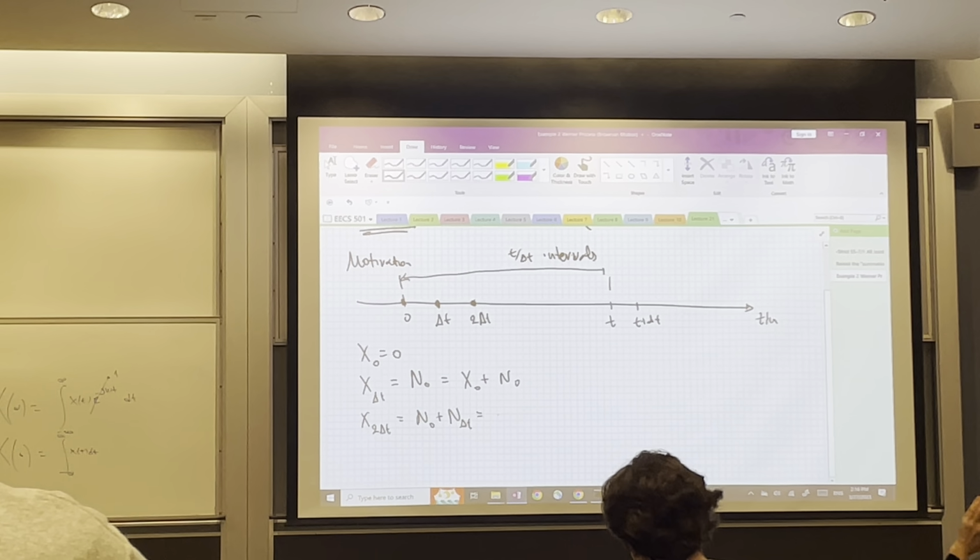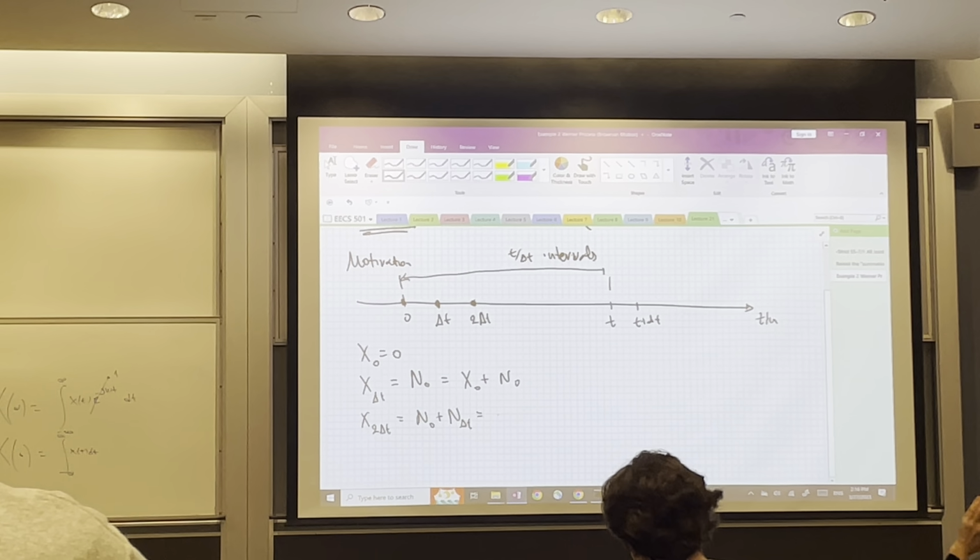Remember, from the construction of this process, xs depends on all the noises up to that time, and the difference of this and that depends on all the noises over here, but the noises were IID. And so what do I expect of these random variables, since they are also jointly Gaussian? Independent and zero mean, right? And so what is this? Zero. Let's see if the axiomatic definition gives me that.